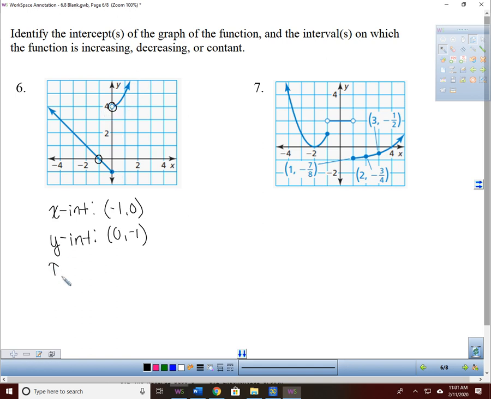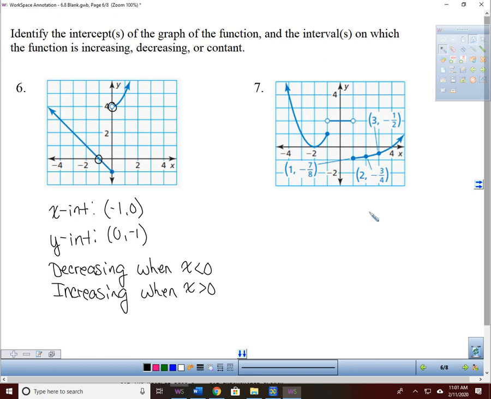So I am decreasing when x is less than 0, so everything on the left side, and I am increasing when x is greater than 0.